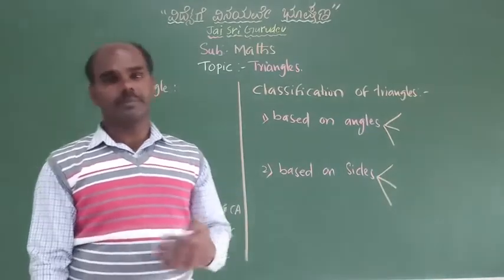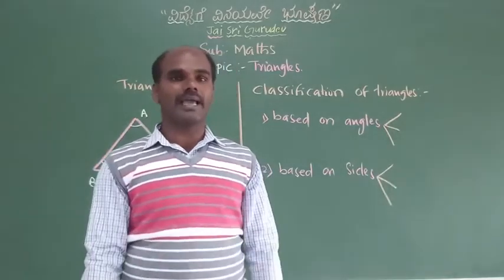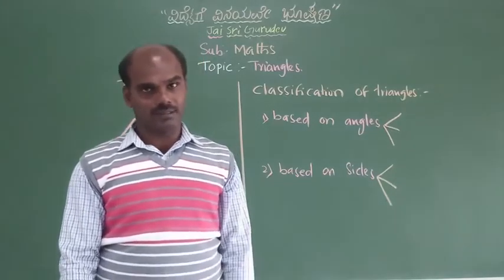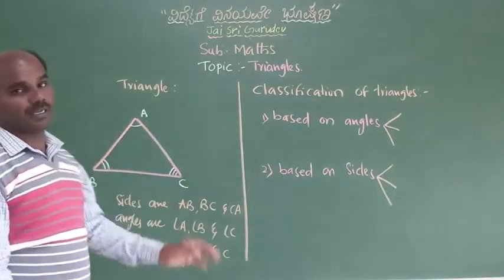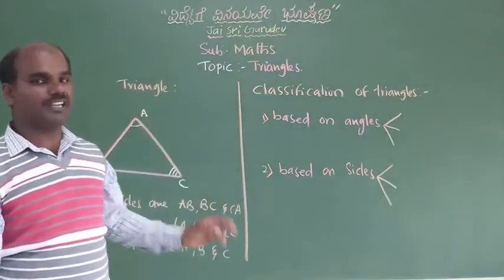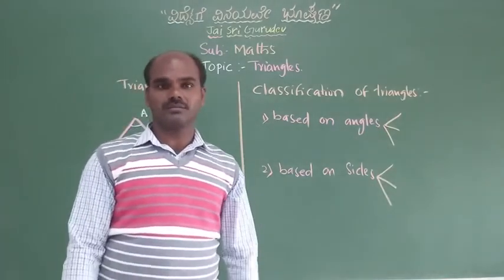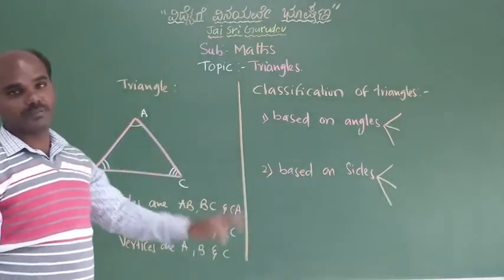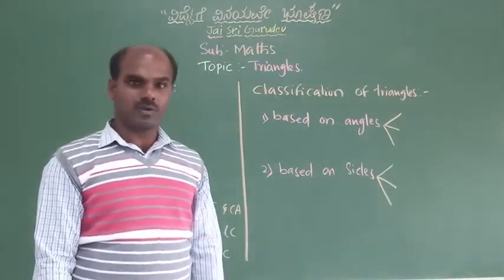Yes or no, children? So when a triangle is formed with three sides, the sum of the three angles is how much? 180 degrees. Yes. Based on the sides and the angles, there is a classification of triangles.